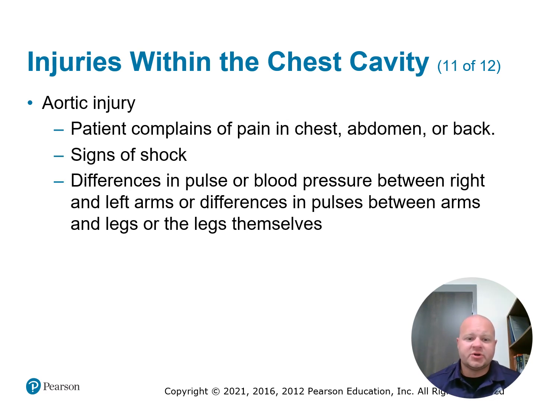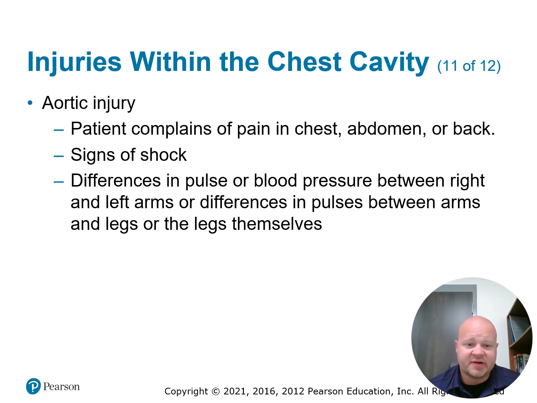So with an aortic injury, the patient will typically complain of pain in their chest, abdomen, or their back. A lot of times, even with the aortic dissection and aneurysm, if it's not a large, severe bleed, they'll be complaining of chest pain that kind of radiates toward their back.